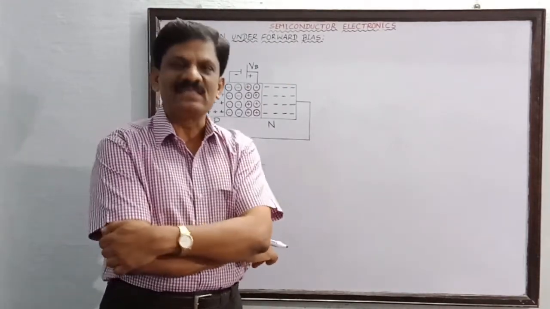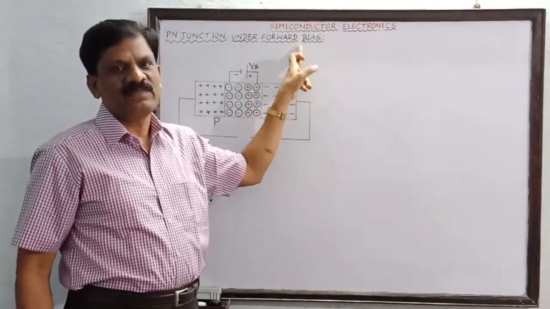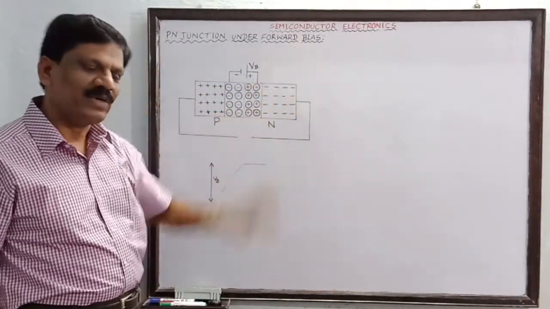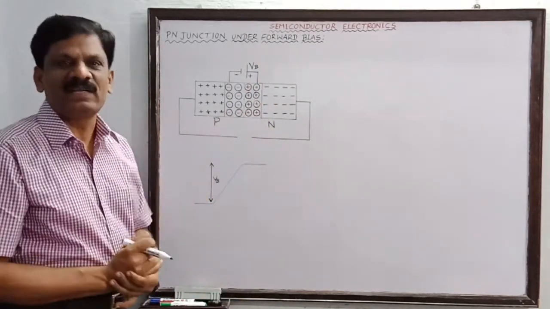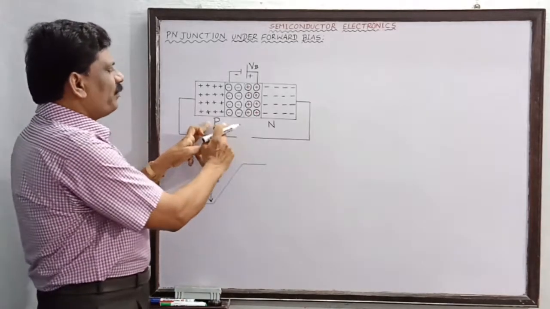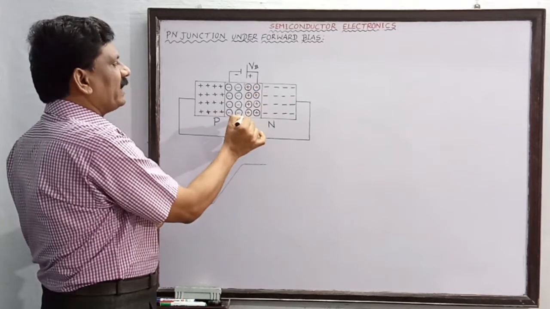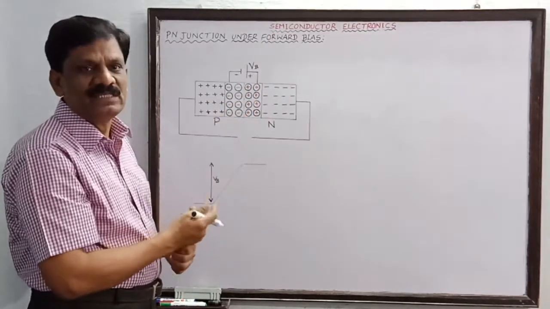Now we are going to discuss the PN junction under forward bias. Are you ready, students? Okay. Now look at this block diagram. These are the P and N regions, and there is a common point of contact called the PN junction.